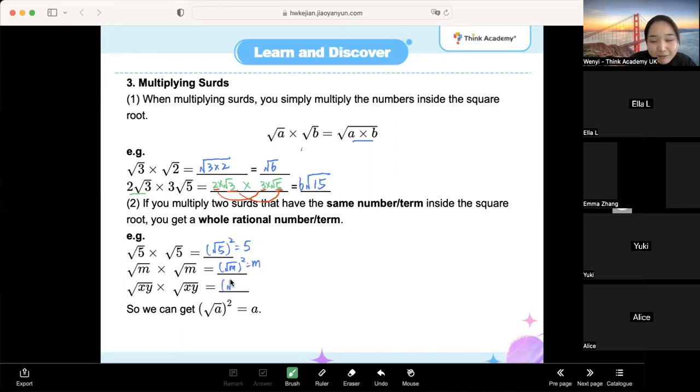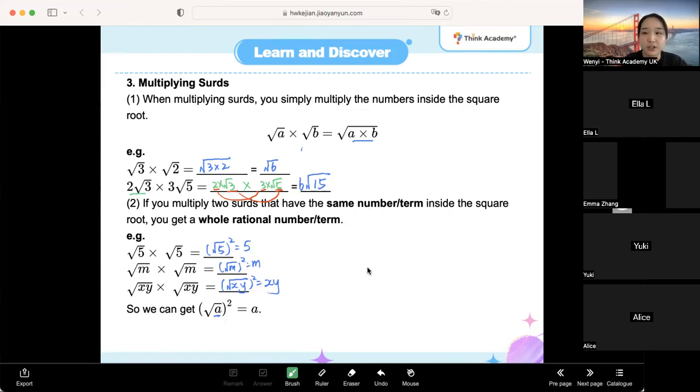Then we just have root xy squared equals xy. So we get our summary here. Whenever this a is a number or a term, root a to the power of 2 is always equal to a.